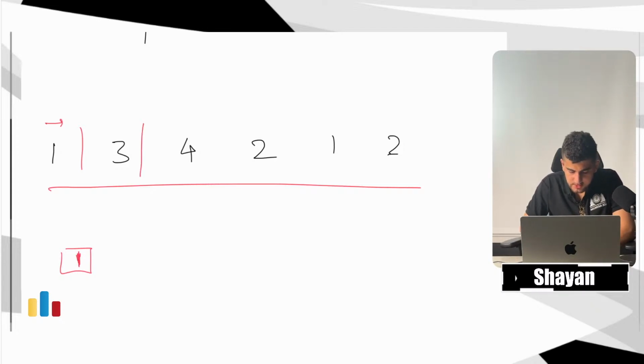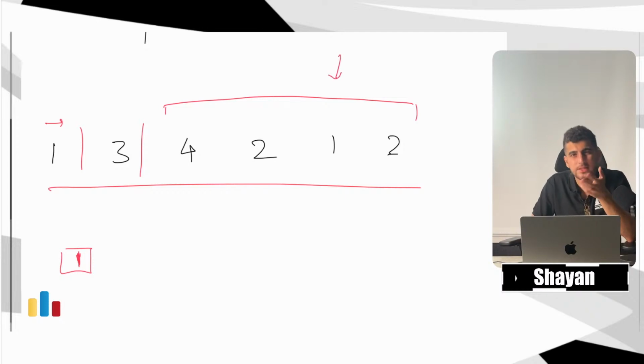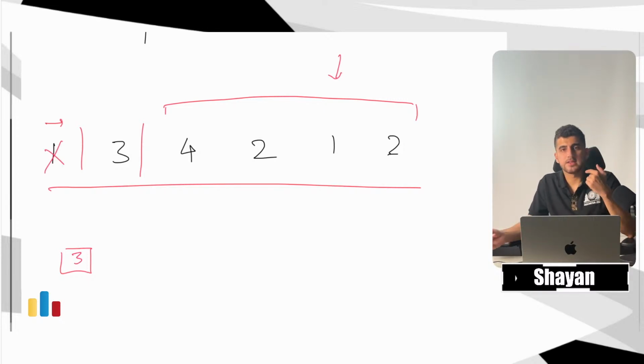I see that this 3 is better than 1 for the first position. And I see that there is another 1 in the future. So I can add another 1 in the future. So I can remove this 1 and instead add this 3. And I do not need to worry about removing this 1 because I have another 1 in the future that I can add later on.